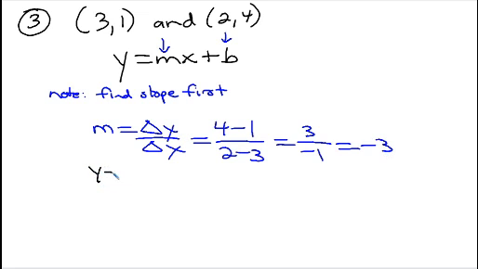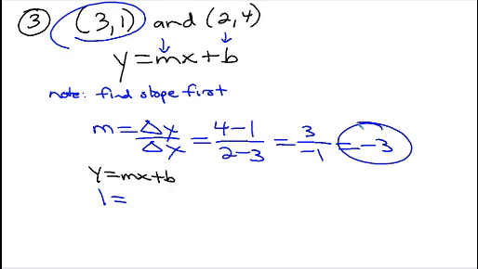Now I'm ready to plug into y equals mx plus b so I can find my b, find my y-intercept. And guess what? You can pick either point. I'm going to use 3, 1. I'll use this one. So the y value is 1. We just found out the slope of negative 3.